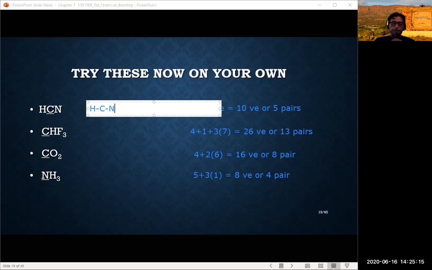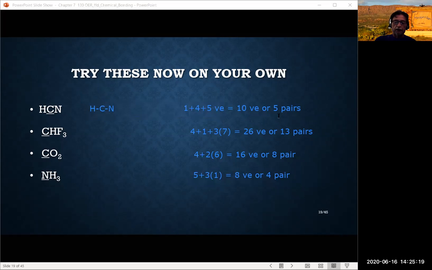That takes care of 2 pair. We have 5 pair to work with, we took care of 2, and so now put the other 3 anywhere you want, except on the hydrogen, because the hydrogen now is full.